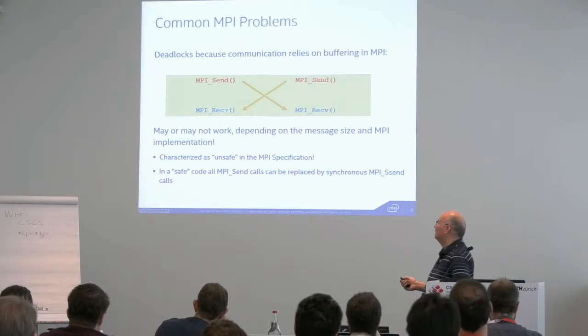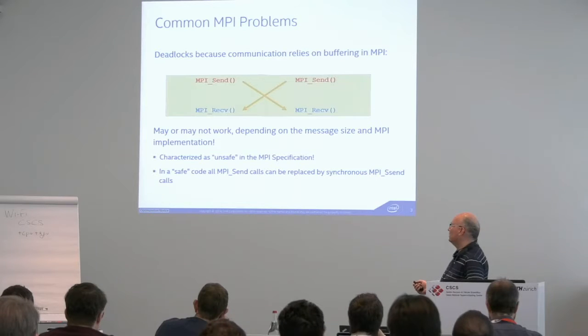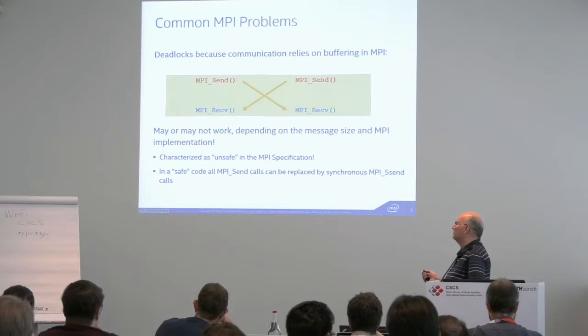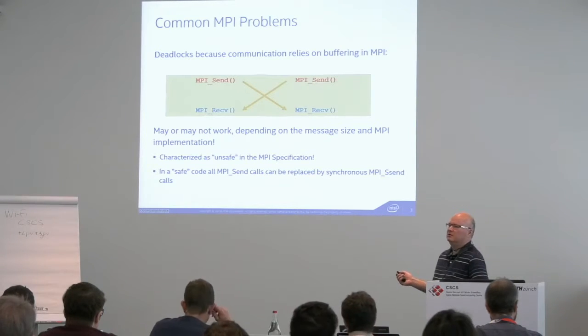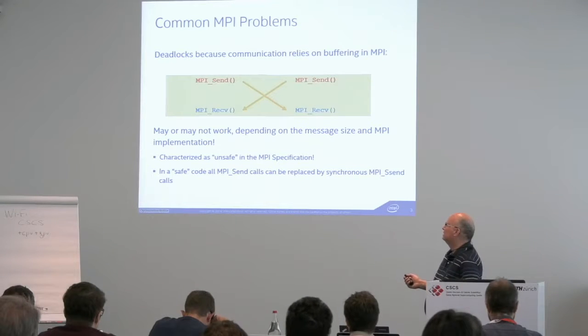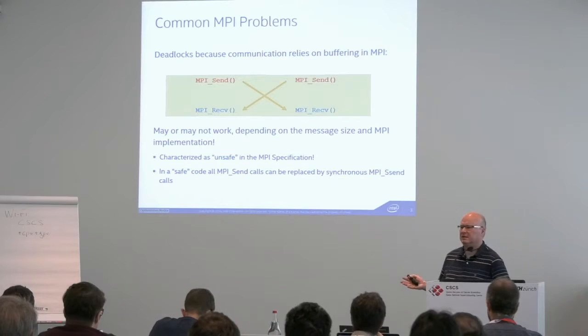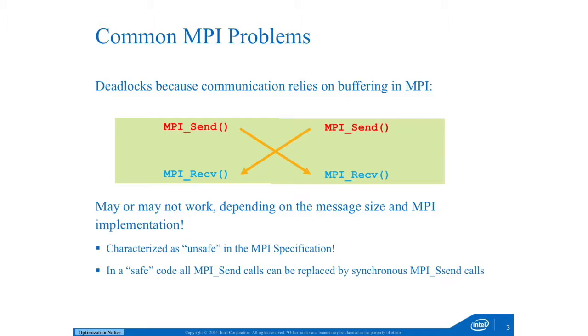If you do this pattern and have large enough messages, then it will truly block. But it may or may not block, because it depends on the implementation. For small messages, probably a buffered send, it will work. But if the protocol switches from a certain message size, then it will block.